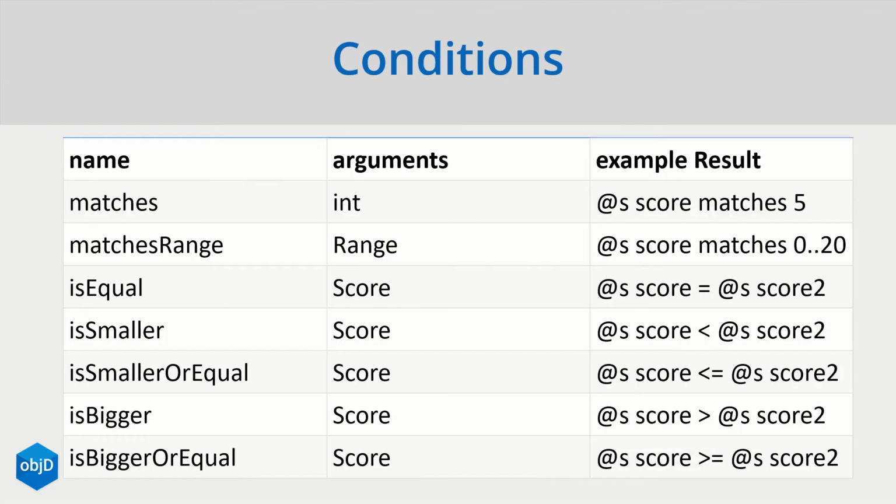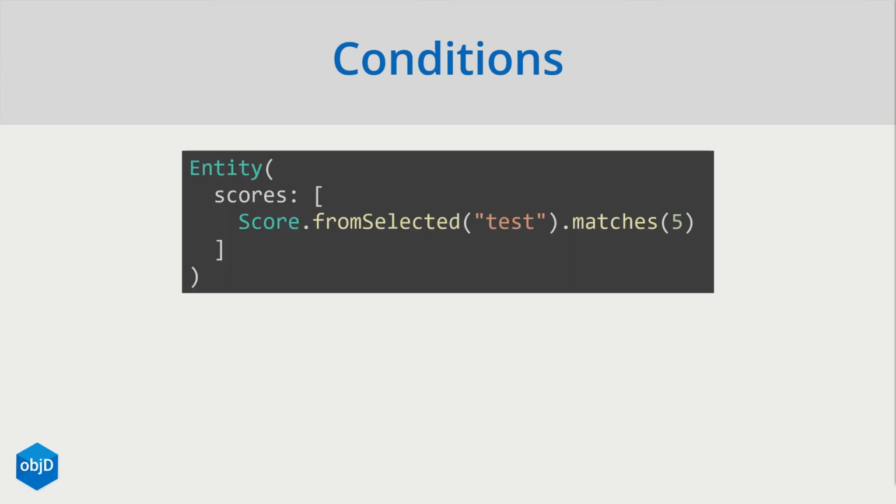And of course you need a way to test if a score has a specific value. You can do that with all of these methods here. Their behavior should be self-explanatory, is pretty similar to the Minecraft way up here. And the method names explain it quite well. And we can use these conditions, for example, in an entity selector, like that here with the scores argument.